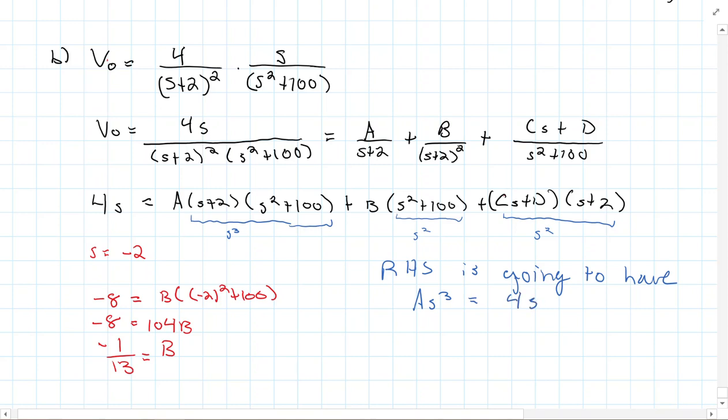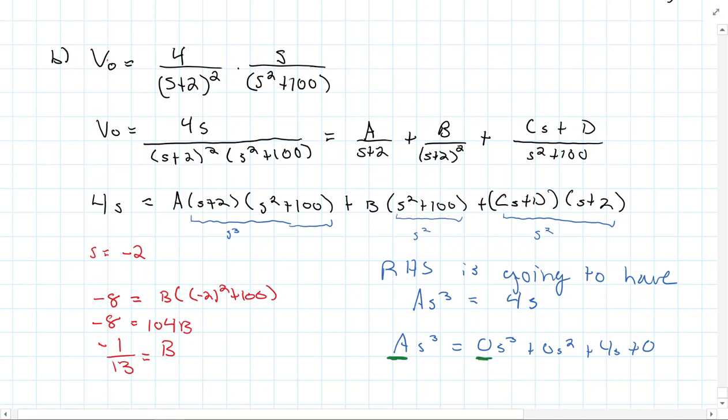Now I'm going to write this out in a little more detail so it's 100% obvious. A s cubed, in other words, has to equal 0 s cubed plus 0 s squared plus 4s plus 0. So what does that mean?